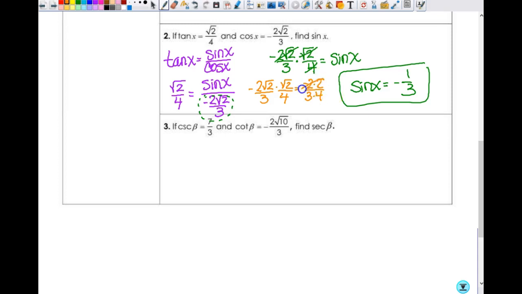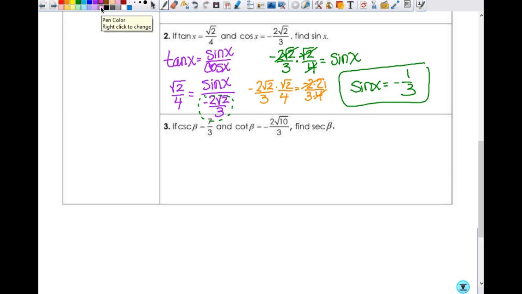And 2 times 2 is 4, and it knocks out that 4. You good so far? And that's why you're left with that 1/3, because you're left with a 1 up there. Okay, I just sort of skipped through some steps, which you may or may not want to do. If you're not going to get lost in your numbers, it's fine. Okay, we good? Okay. So let's look at number 3.